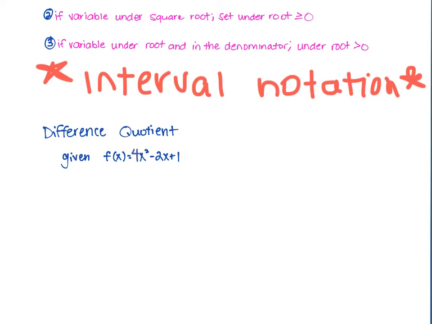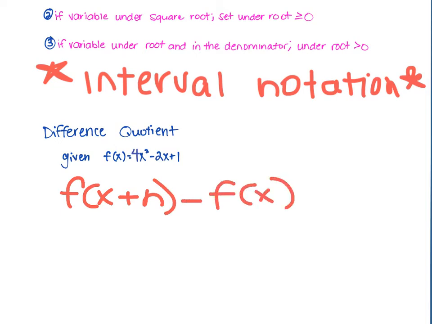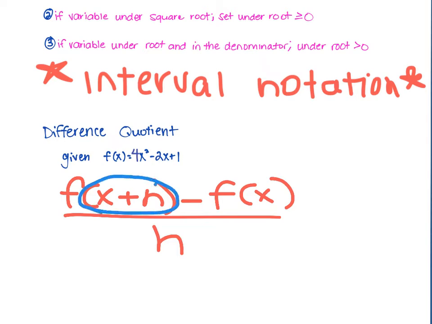Okay, this section also included your difference quotient. So your difference quotient is the what, I don't even know what number we're on. The 5th equation you've got to know? This would be f of x plus h minus f of x, all over h. I'm not going to work it out right now, I'll come back to it. But the first thing I'm going to do is take f of x plus h, which means I'm going to plug x plus h into what they give me for f of x.